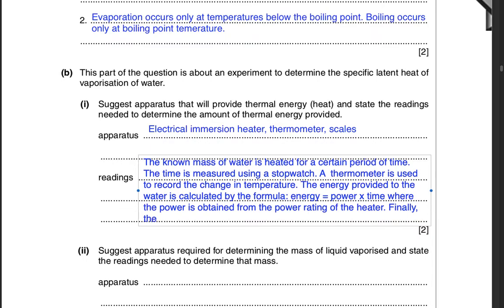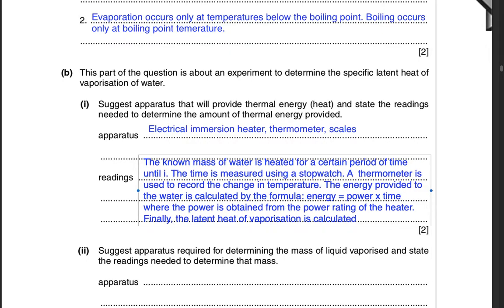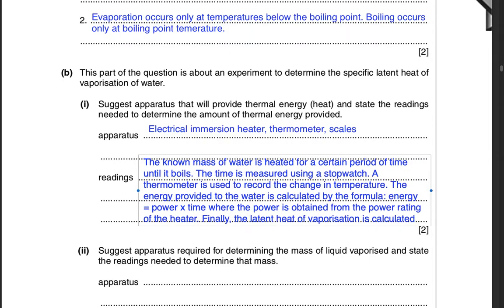Finally, the latent heat of vaporization is calculated. The water is heated for a certain period of time until it boils. The time is measured using a stopwatch.